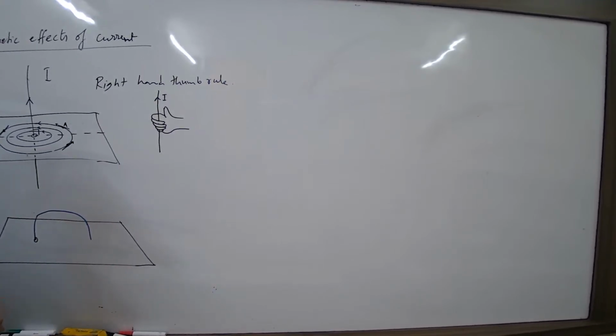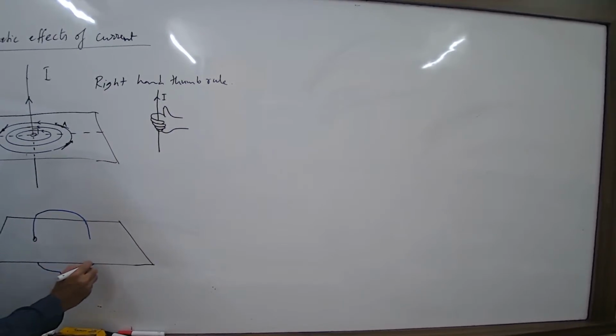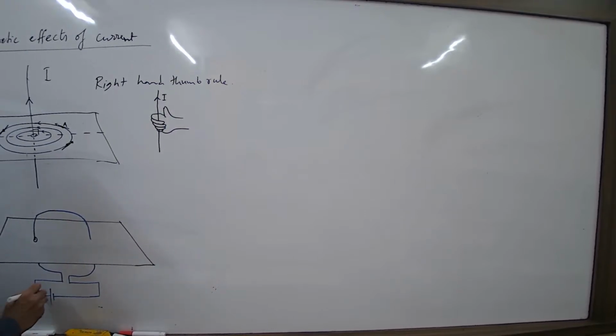How will the current enter? The current will enter like this, come out from here, and come down from here. Okay, everybody understood?